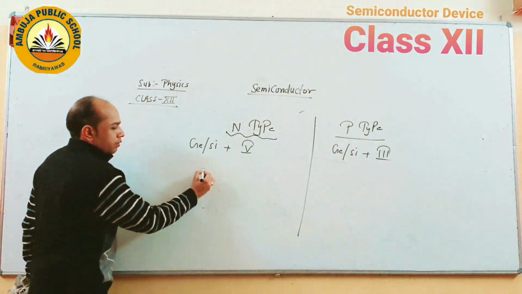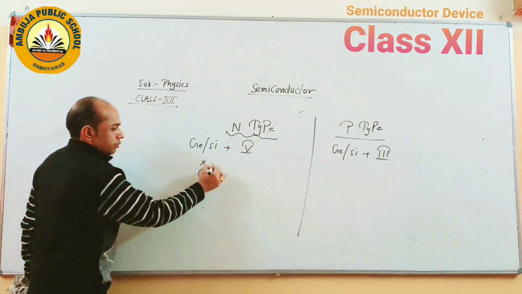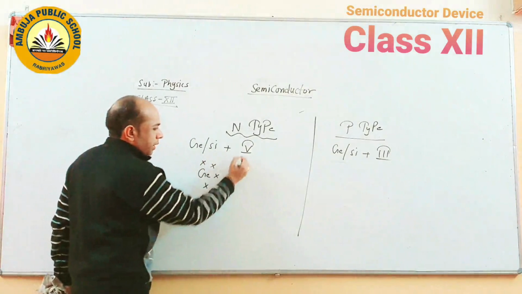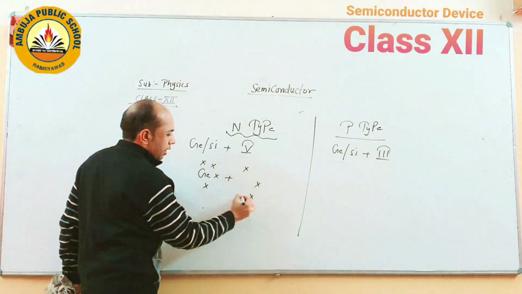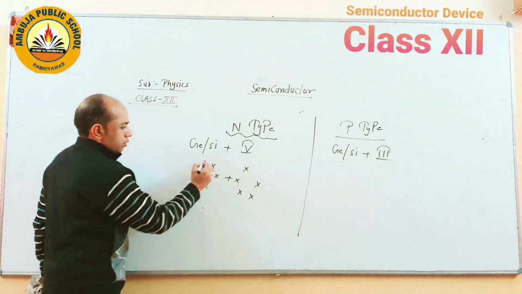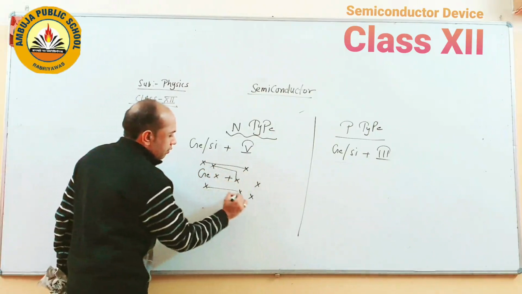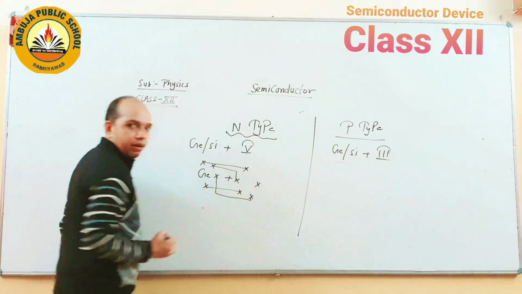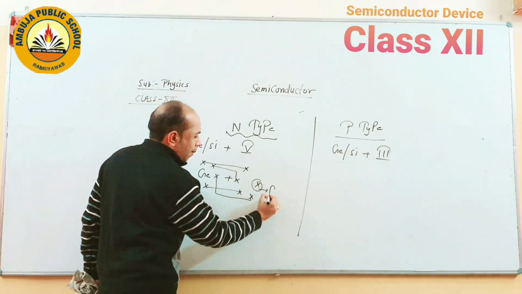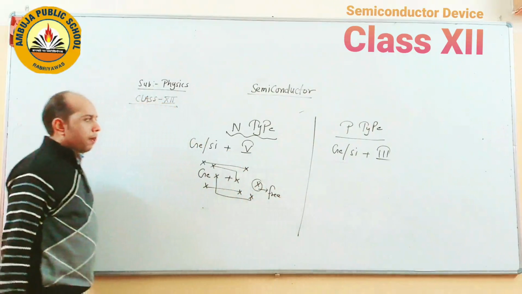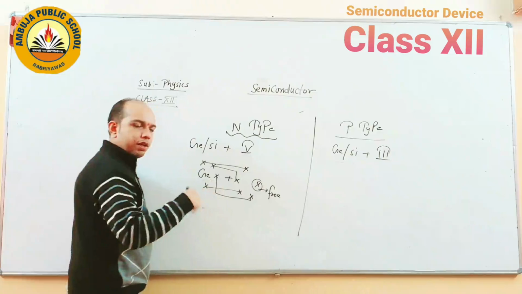We see germanium has 4 electrons in the outermost shell, and mixed with a pentavalent impurity, which has 5: 1, 2, 3, 4, 5. So one covalent bond is formed, second, third, and fourth. That means the fifth one is free.